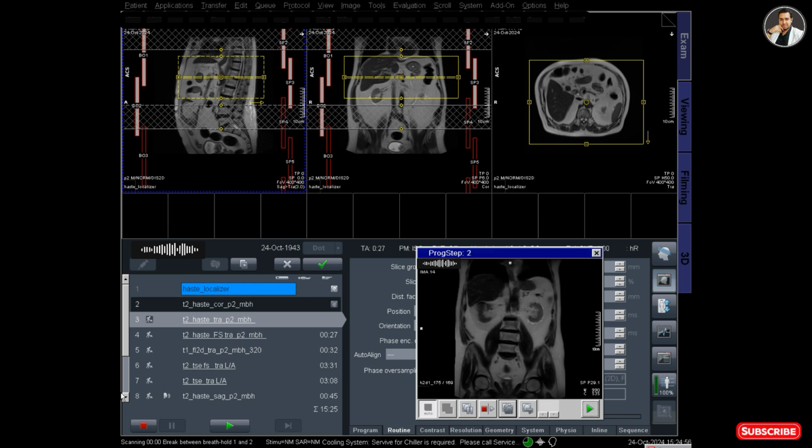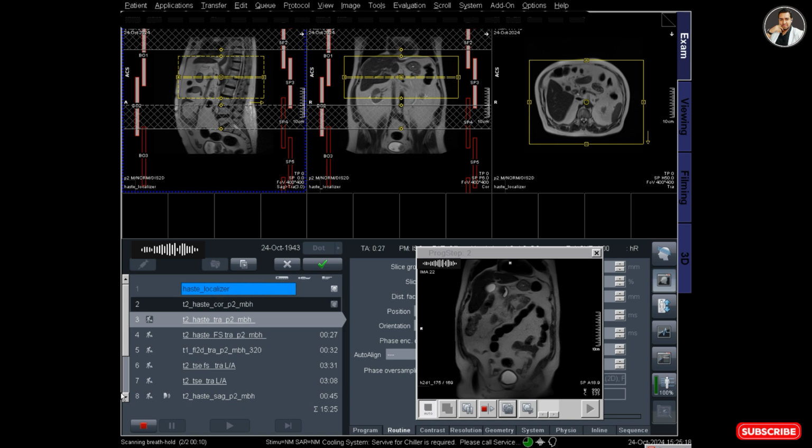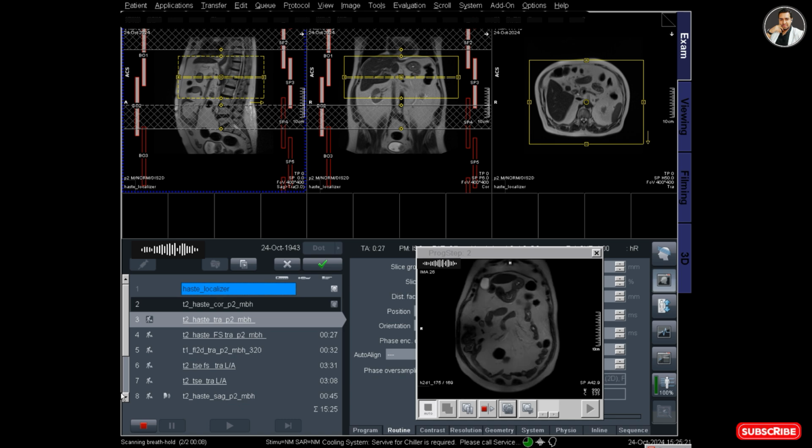Now tell the patient to release his breath, and it's a break time. Again tell the patient to hold his breath and take the next scans.